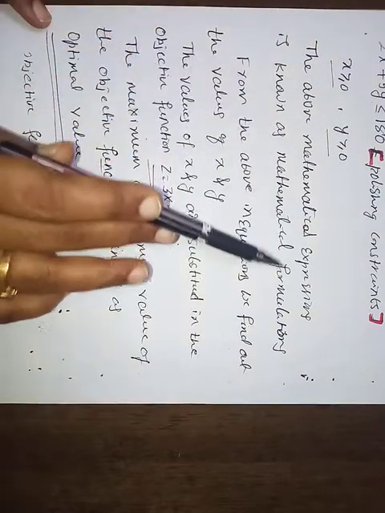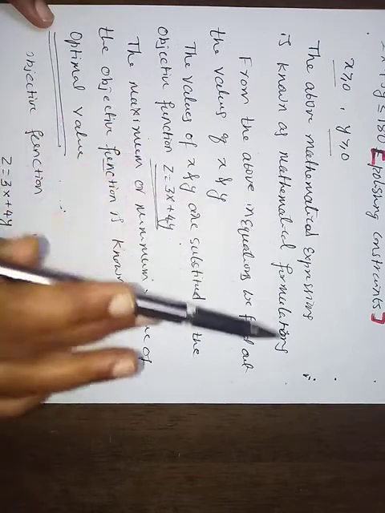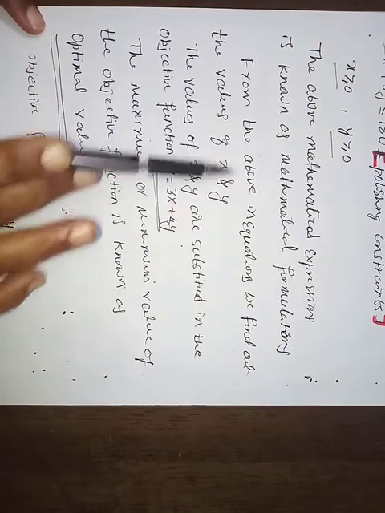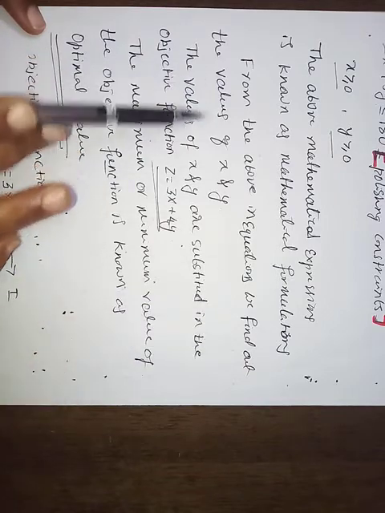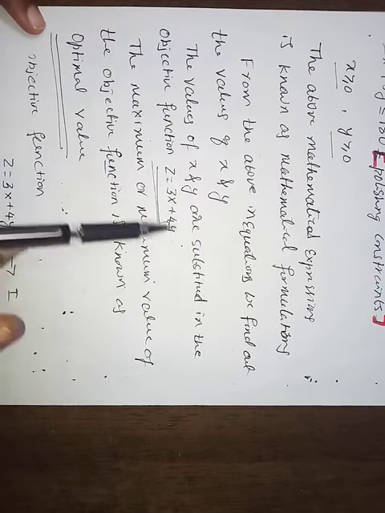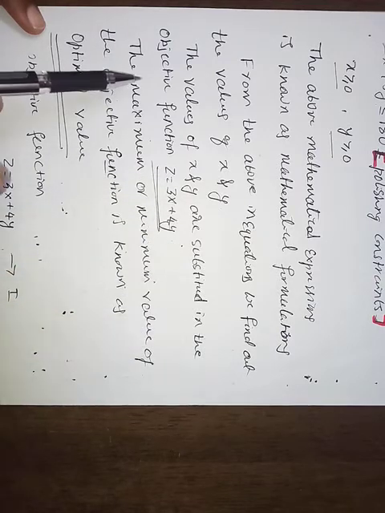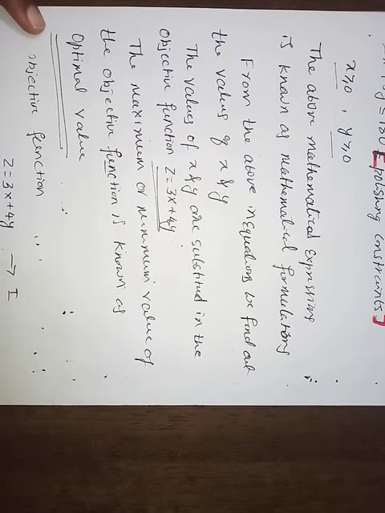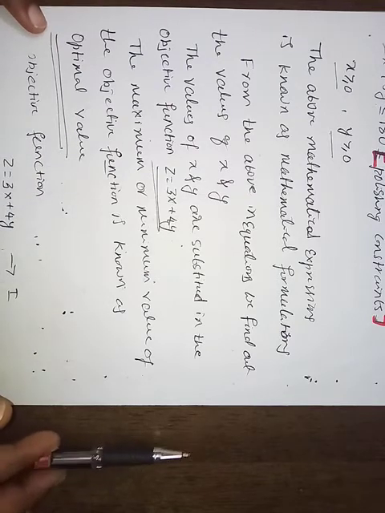The above mathematical expression is known as the mathematical formulation. From the above inequations we find the values of x and y. The values of x and y are substituted in the objective function Z equal to 3x plus 4y. The maximum or minimum value of the objective function is known as the optimal value.